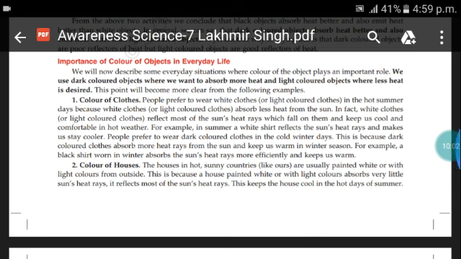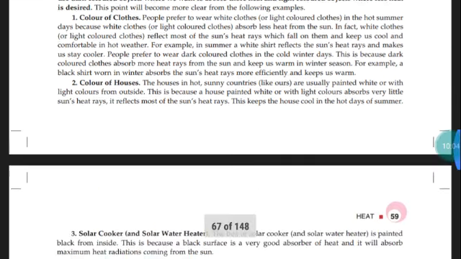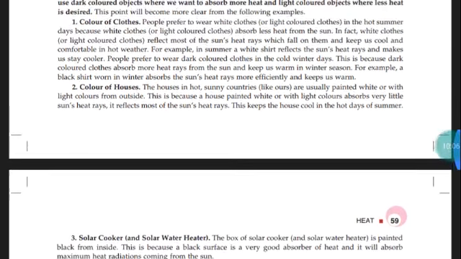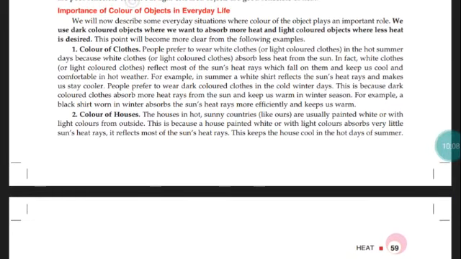From this, color of clothes, color of houses, and solar cooker come in. These are examples from our everyday life. Color of cloth means during summer days we wear light clothes. When the sun sends its radiation, light clothes can send back that radiation, so that we don't feel more hot.